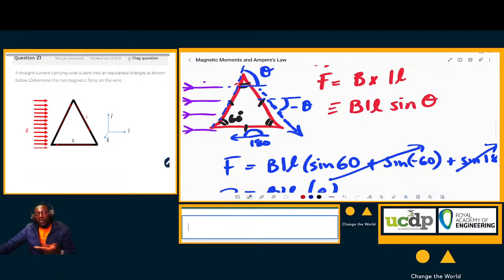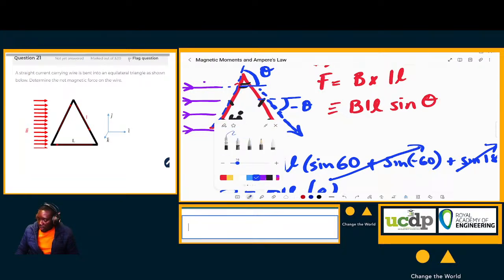So if you have your field to your right with your left hand, and the current has a component upwards, then the force is into the plane. And for the other one, the field is to the right, the current is kind of downwards, and the force is out of the plane. Let me use a different color.